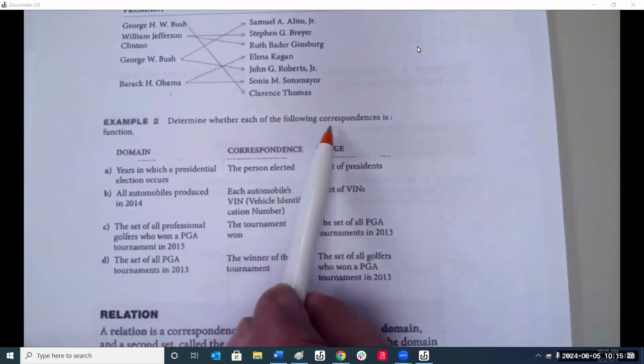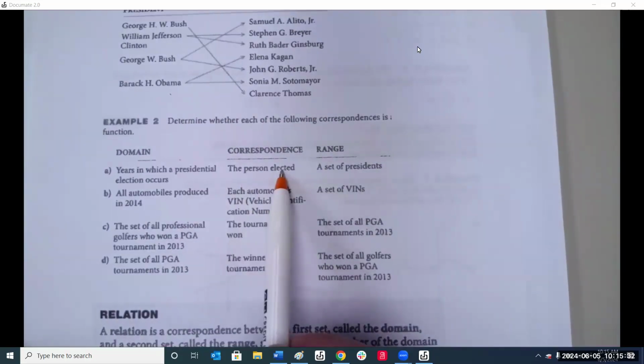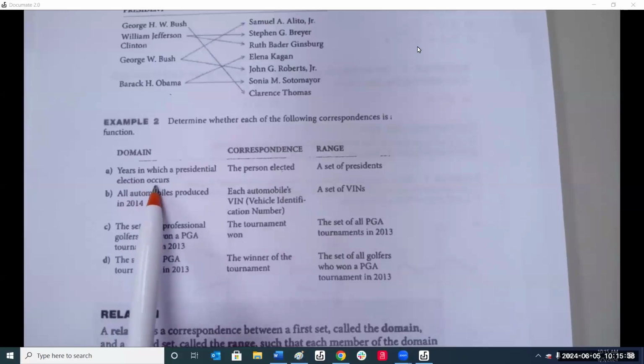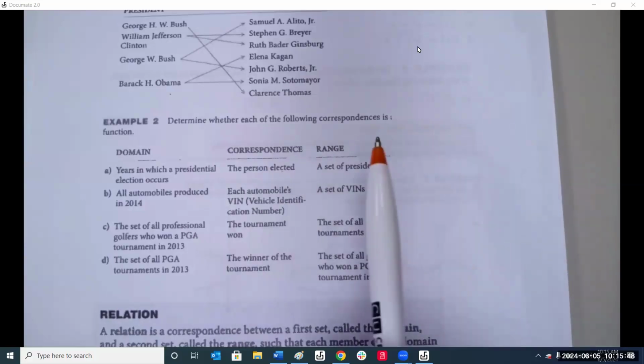Determine whether each of the following correspondences is a function. The year in which a presidential election occurs, the person elected. Is that a correspondence? Why? Only one person gets elected, yeah.